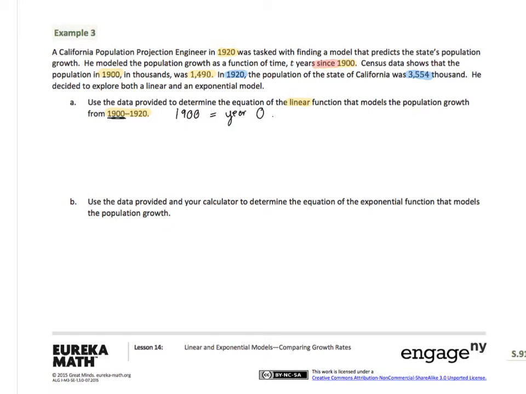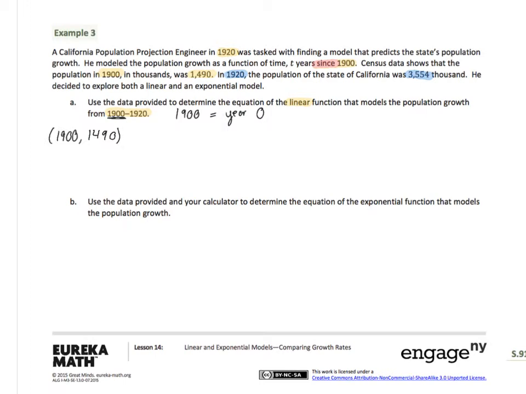We're going to start right there. So let's go ahead and make a linear function. Okay, well, I've got the point 1900, which is again 0, and what is my y value for that? Well, let's look over here. In 1900, I had a population of 1,490.